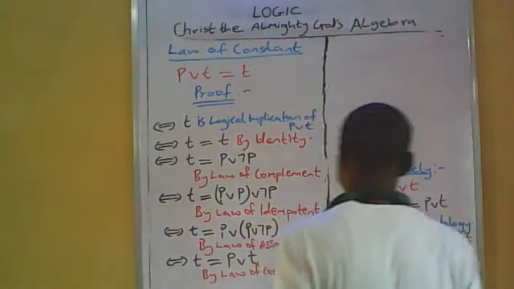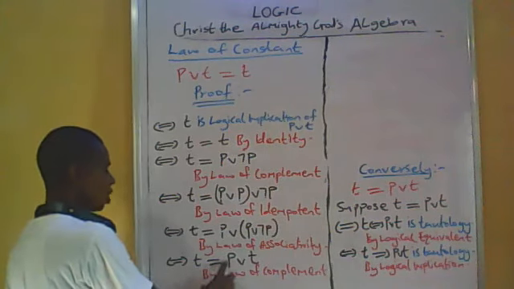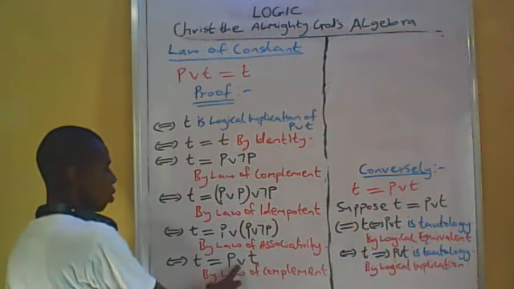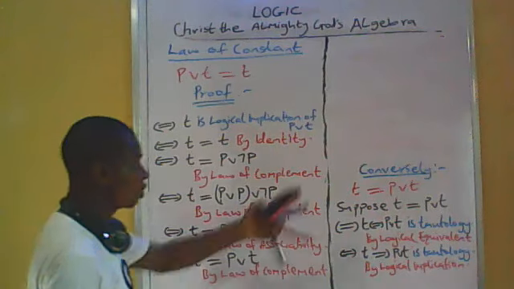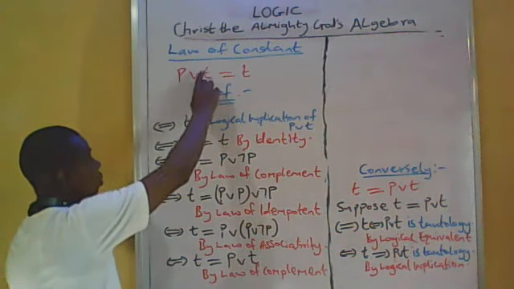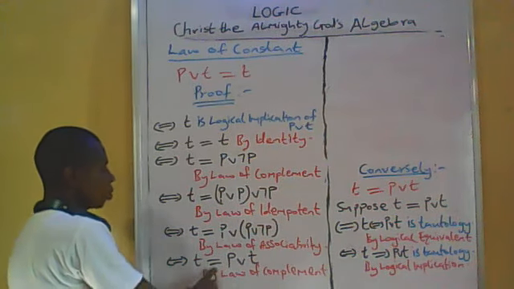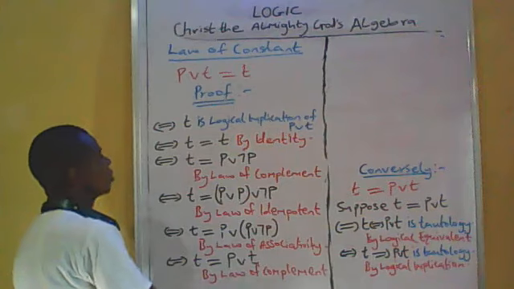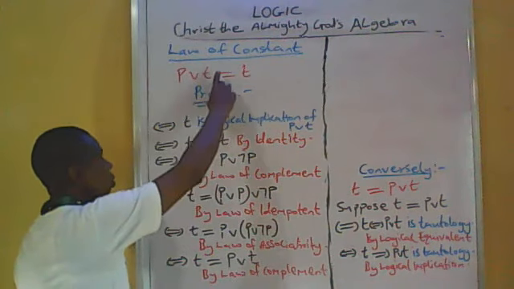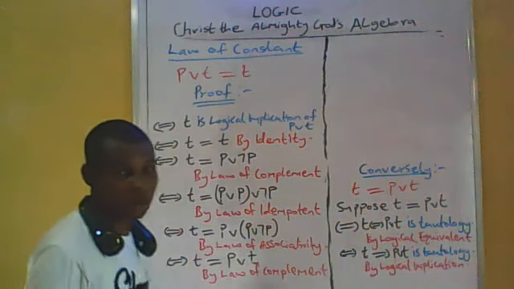We have now proved the converse. That means T is equal to P or T. We have now proved the converse of this: P or not P or T equal to T. That means T equal to P or T, P or T equal to T. That means the converse.